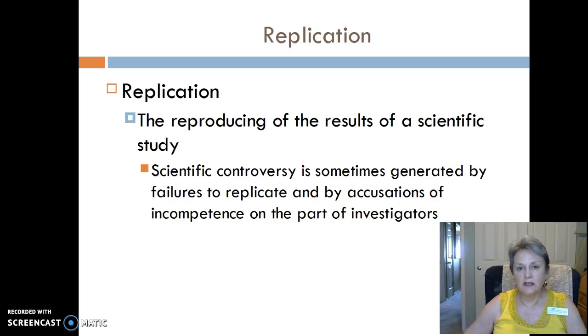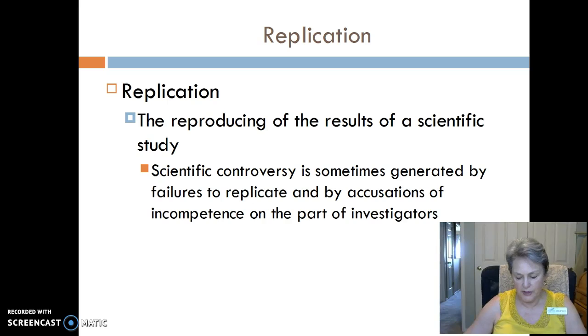I've already talked a bit about replication. Here's your definition: reproducing the results of a scientific study, and it's very important in psychological studies. Sometimes when replication doesn't take place, there are a lot of accusations that the researchers really didn't do a very good job in designing the study, and their results are called into question.